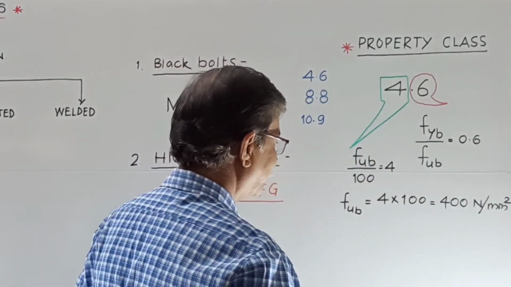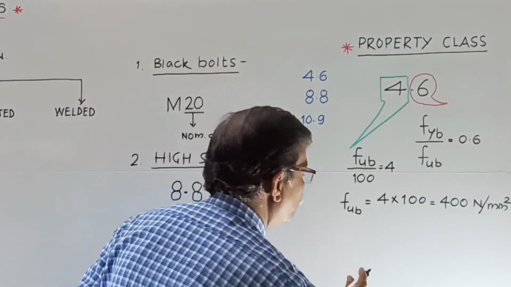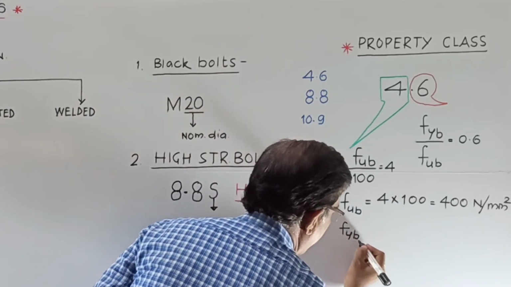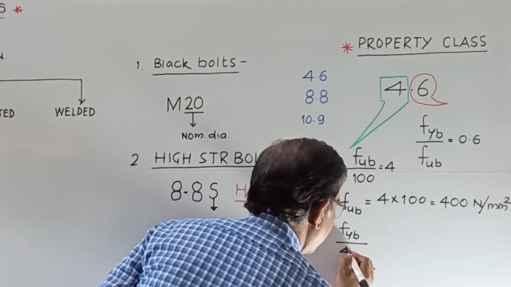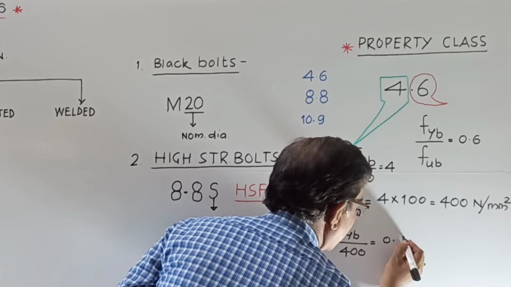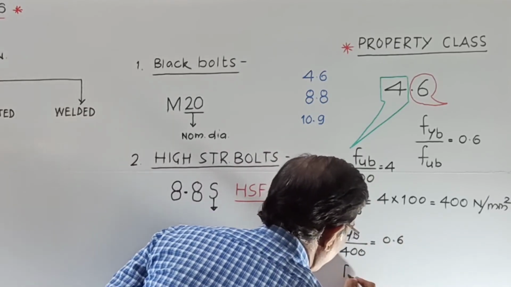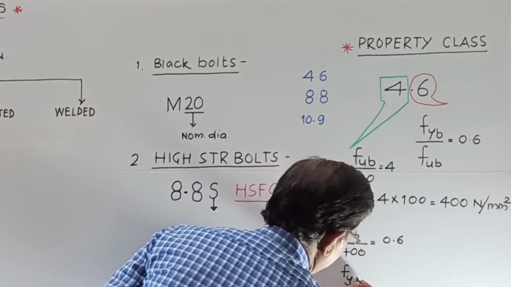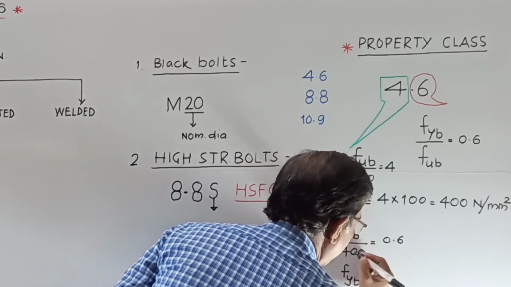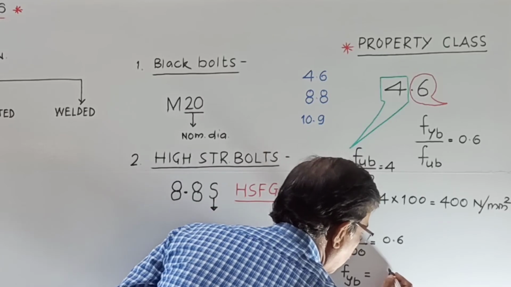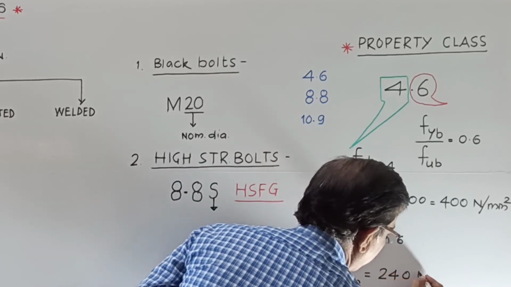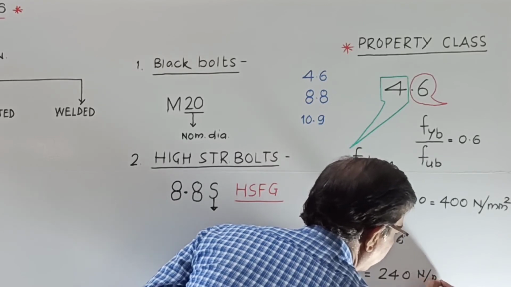Now FYB upon FUB is 0.6. Therefore, FYB, the yield strength of the material of the bolt, is 0.6 into 400, that is 240 Newton per mm square.